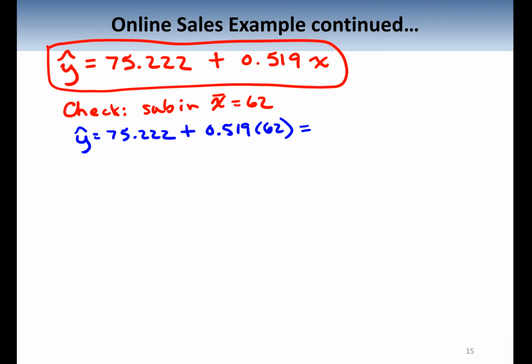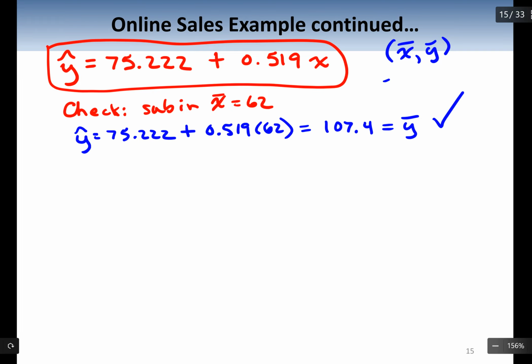If you calculate it, you're going to get 107.4, which equals y bar. This is a way to check that all of your calculations have been done accurately. If you don't get y bar after subbing in x bar, then you've made an error. So the point x bar, y bar lies right on the least squares regression line. And so it's a good check.